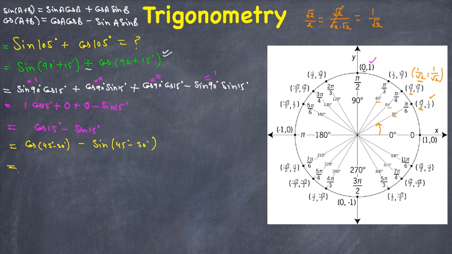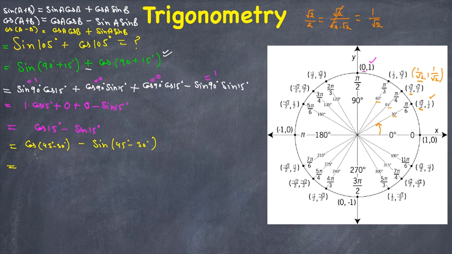So cosine A minus B is just opposite of cosine A plus B, so you flip the sign, this becomes positive. So A minus B is cosine A cosine B, just flip this to positive, sine A sine B. That's how I remember these t ratios.